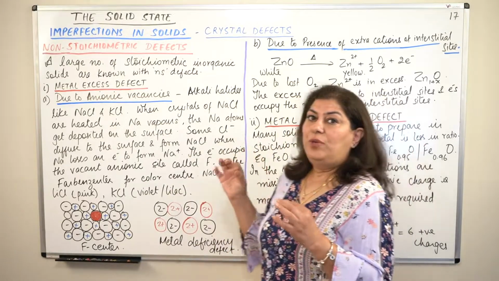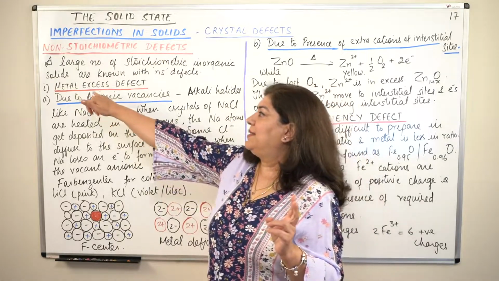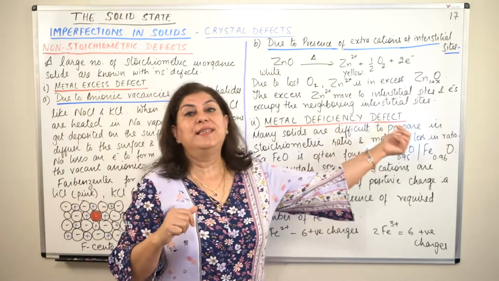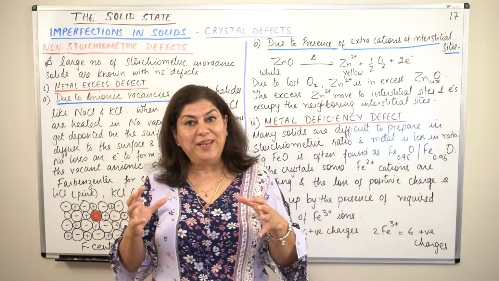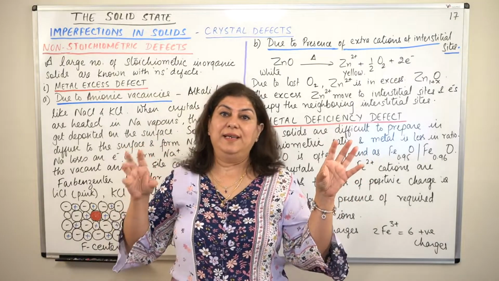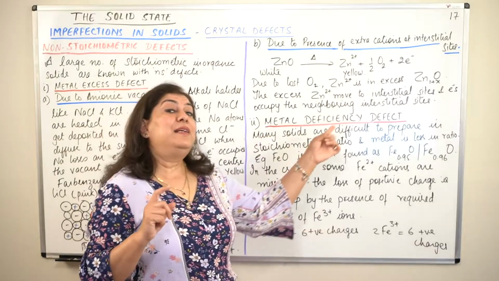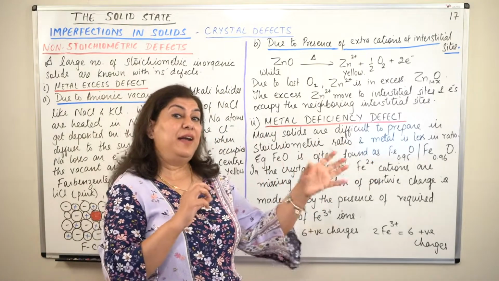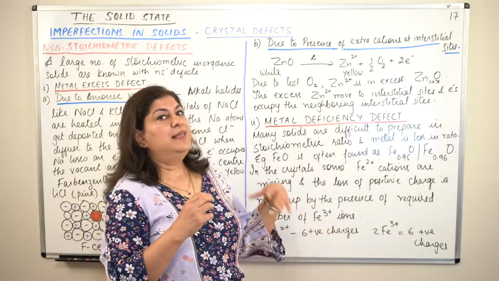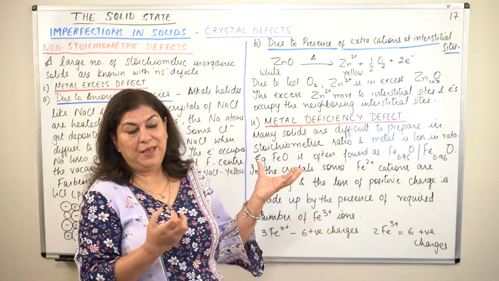Now, the non-stoichiometric defects can exist in two main ways. One is the metal excess defect and the other is the metal deficiency defect. In one defect, the metal is in excess and the non-metal or the anion is in deficiency. In the second case, there is a metal deficiency defect, which means the anionic part is greater and the metal is lesser in it.